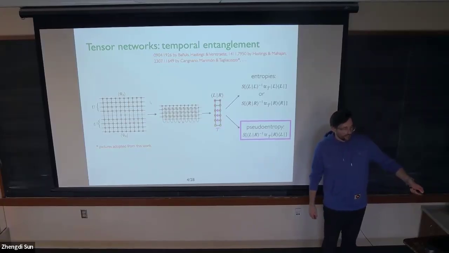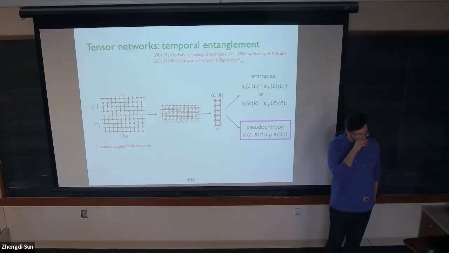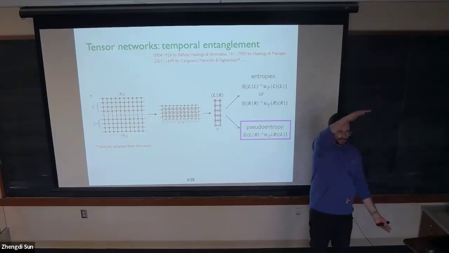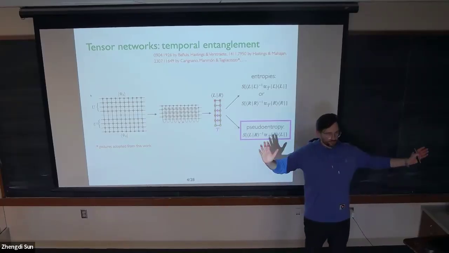And now there was a brilliant idea that was explored in this paper, starting with a pioneering work by Marie-Carmen Banuls, Matthew Hastings, and Frank Verstraete, which is not to contract the tensor network like that, but to contract it like that.